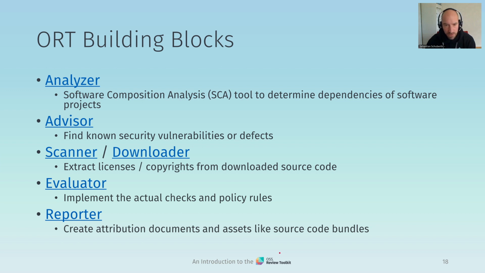Then there is the scanner, which implicitly uses the downloader to extract license and copyright information from the downloaded source code. The evaluator tool that implements the policy checks, and finally the reporter tool. So this very much resembles the workflow that we've seen before.